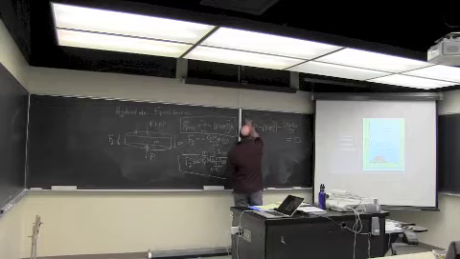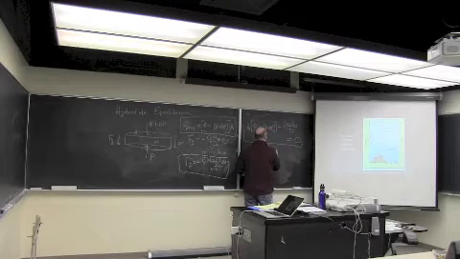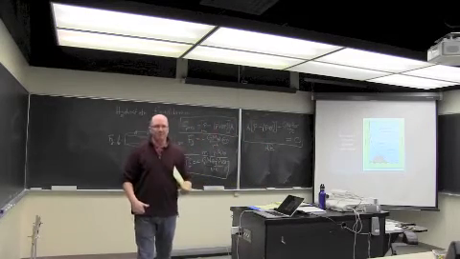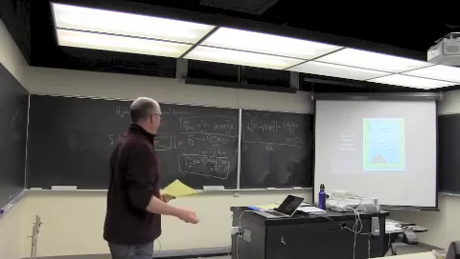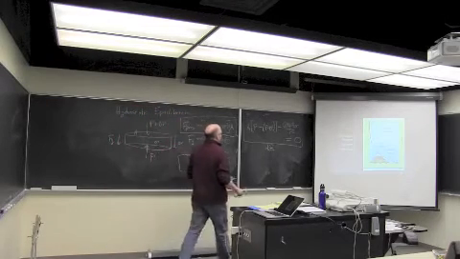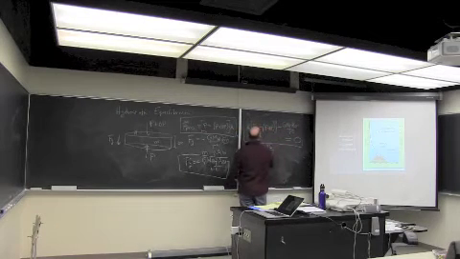This is called the hydrostatic equilibrium condition. We call this HE. It just means that there is no net force. The sum of the forces is equal to ma, and ma is equal to 0. So I can go ahead and cancel out my a, because it's equal to 0.